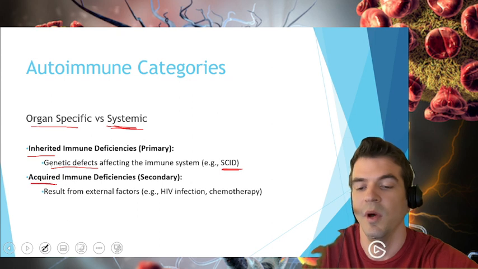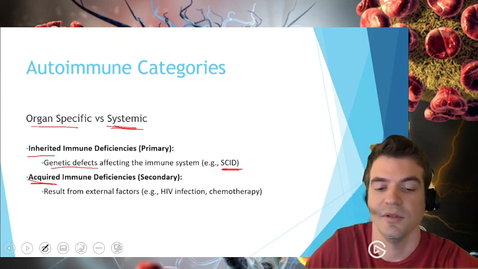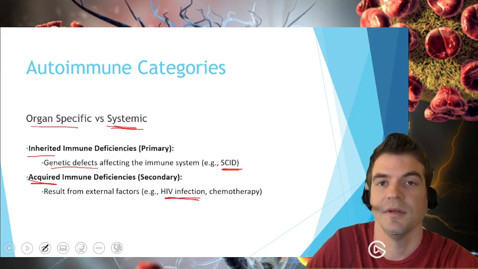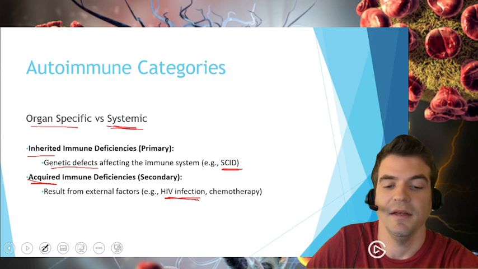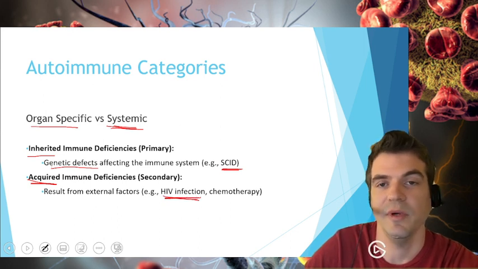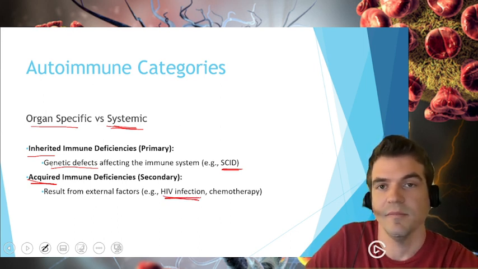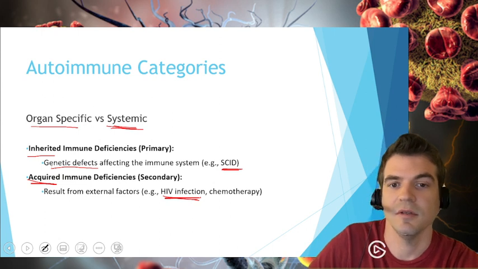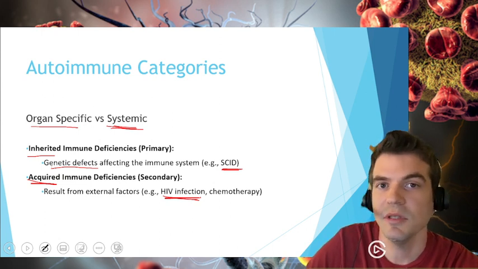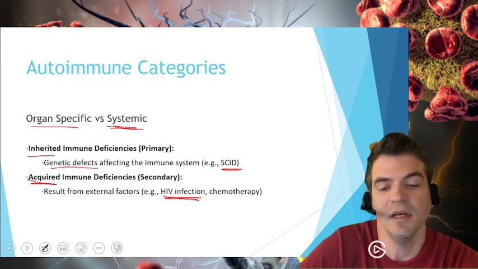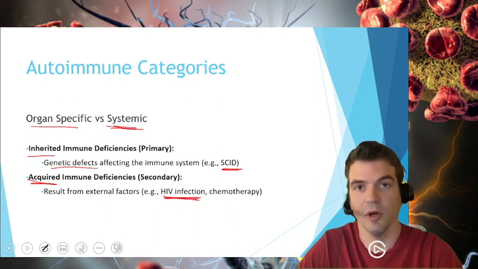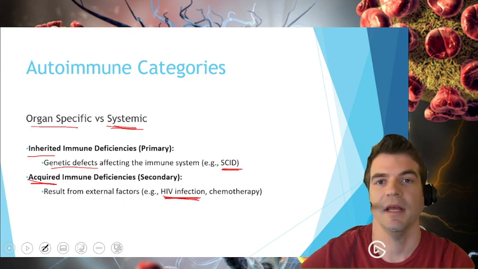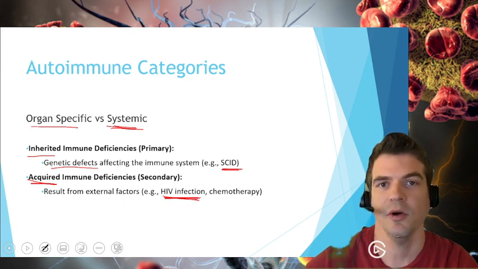Acquired is the HIV infection, human immunodeficiency virus, and how that can lead to AIDS, which is acquired immune disease. So those are the categories we can see about our autoimmune disorders.